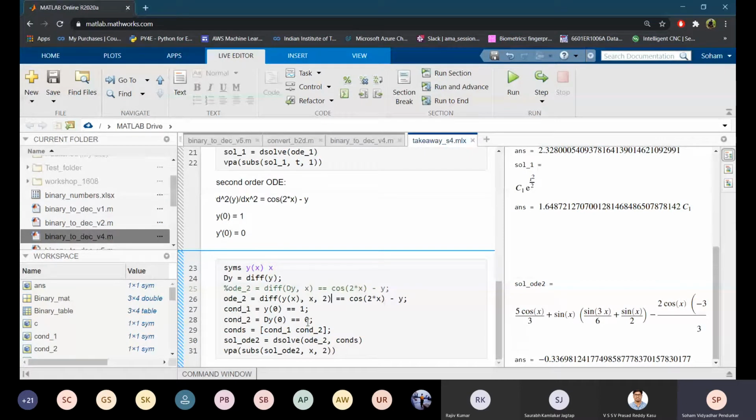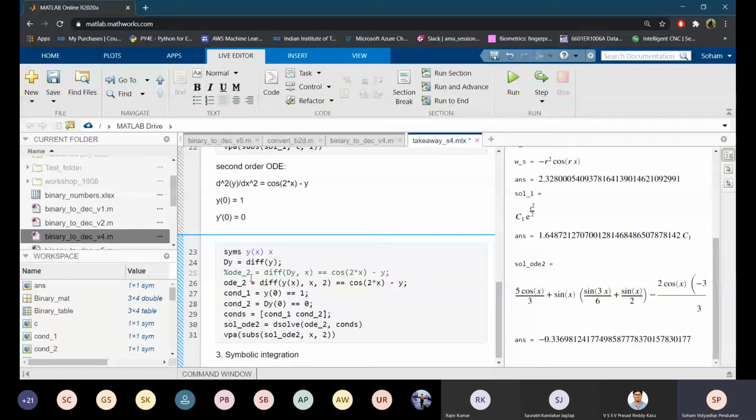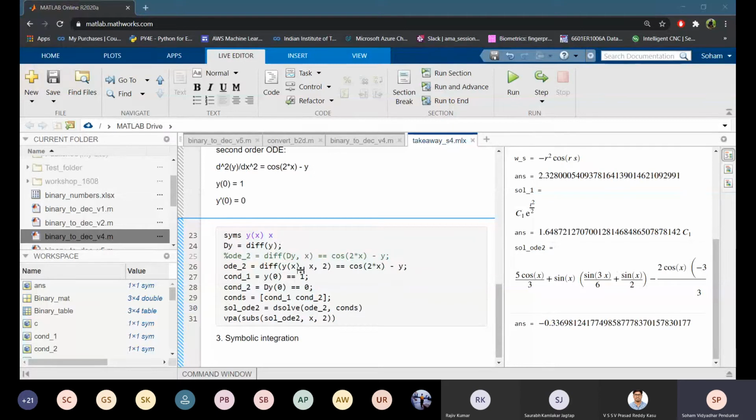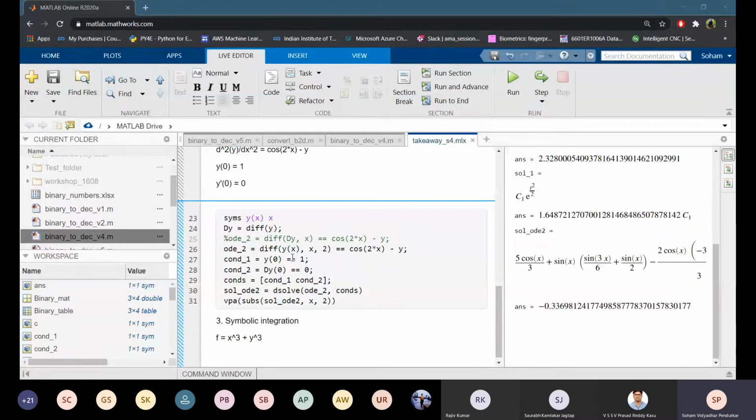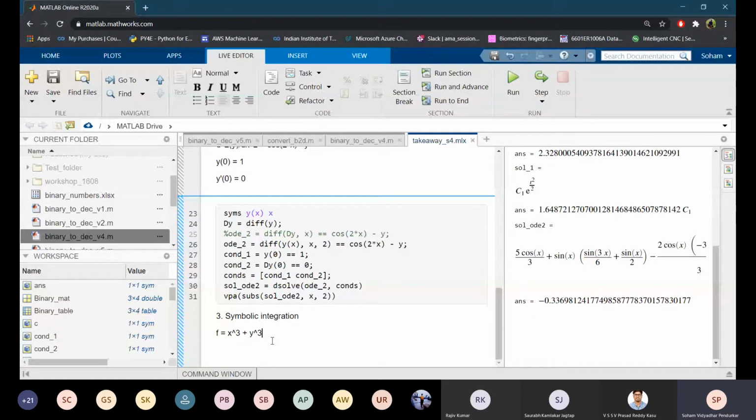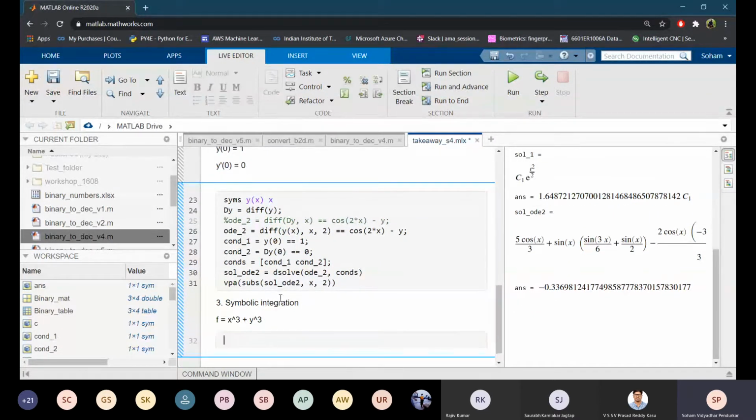Symbolic integration. Let's see, my function that I want to integrate is x square plus y square, or x cube plus y cube. Let's say f is equal to x cube plus y cube, and I want to integrate this. Integration is even more simple to write.